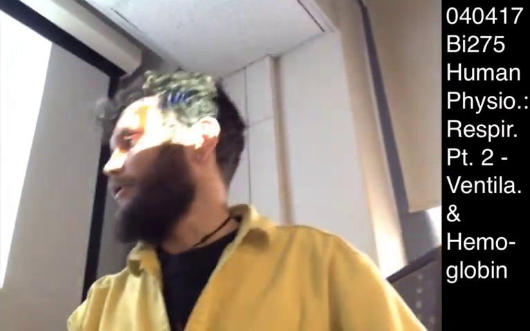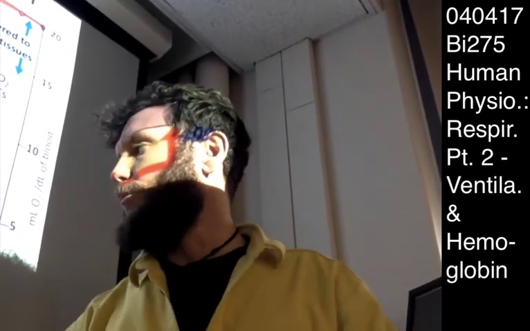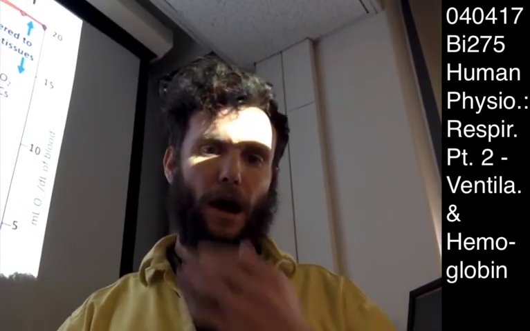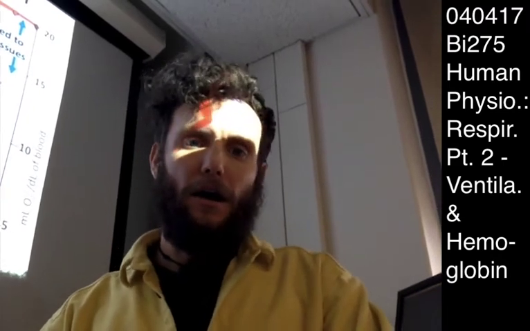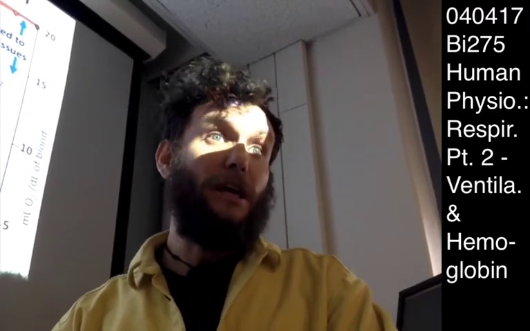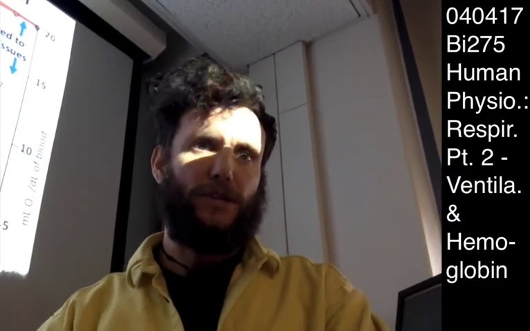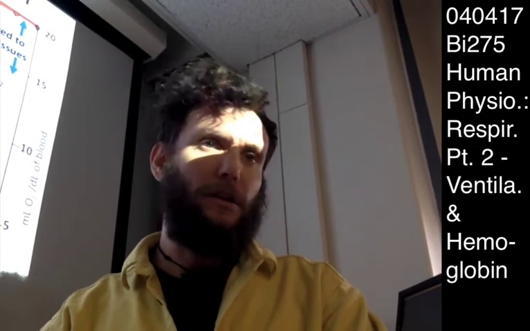Now, another pressure to point out is right here at about 40 millimeters of mercury. This is the partial pressure of oxygen that you'll find at the peripheral tissues, maybe at your muscle cells or your adipose cells or your brain cells, wherever it is that the oxygen is being delivered.